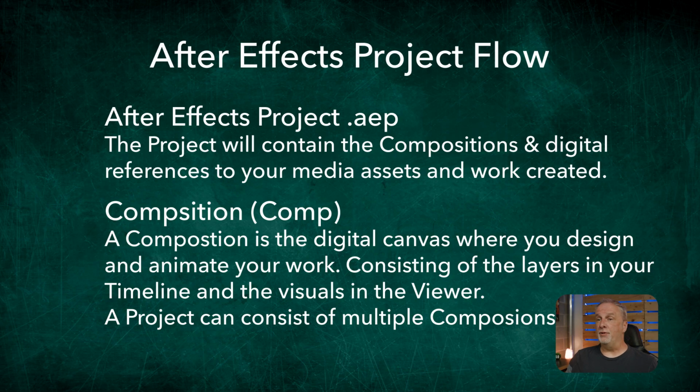So if you put a picture in your viewer, there will be a layer down in the timeline representing that picture. It will have the 5 basic transform properties and also be where you will animate and add effects to that picture. A project won't be just one composition, but it can consist of many compositions.